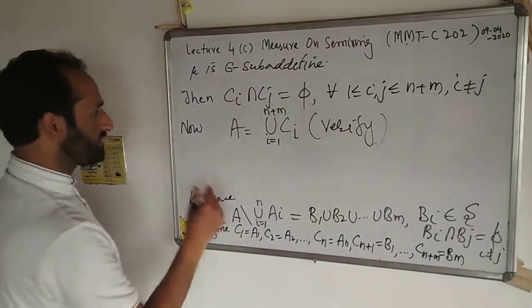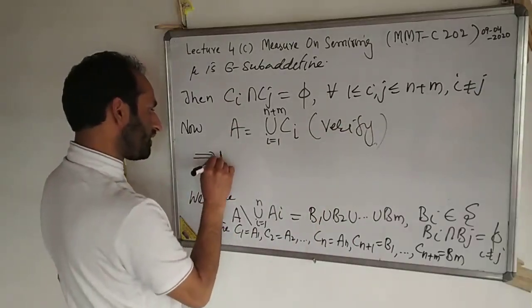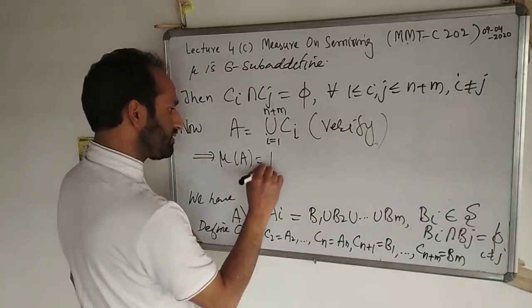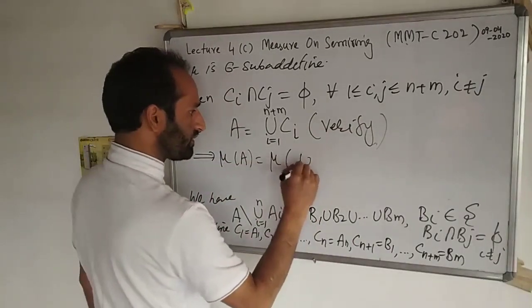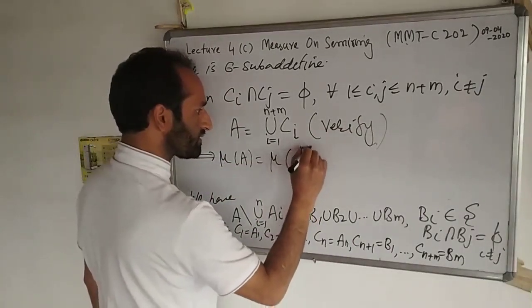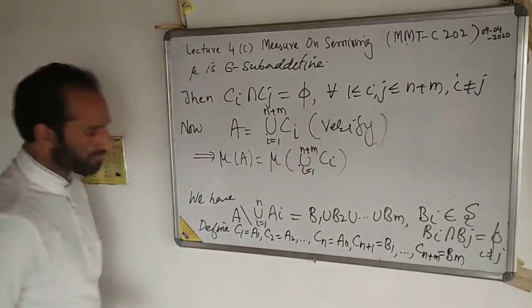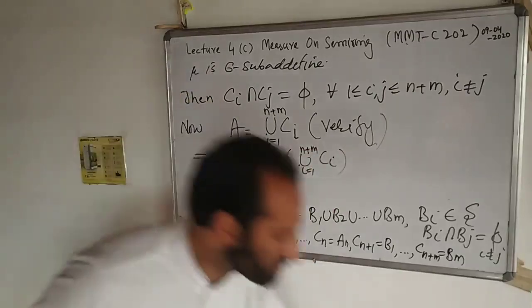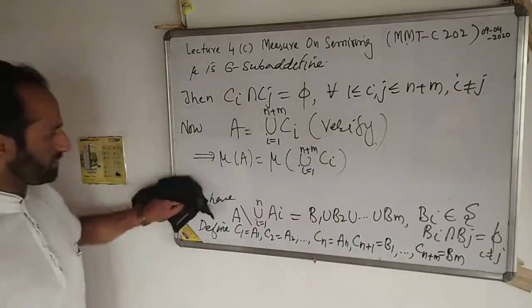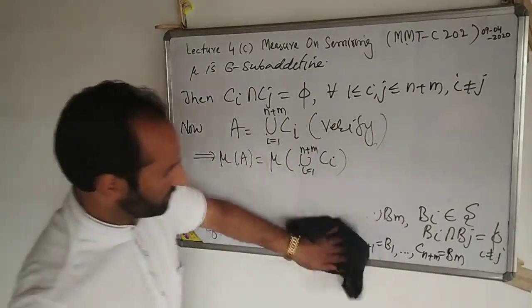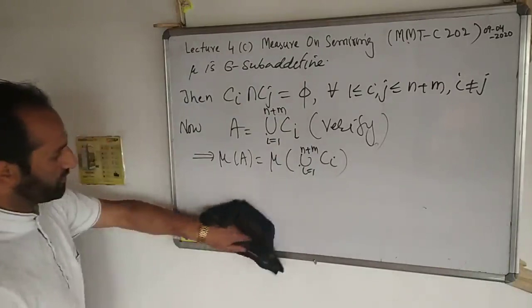This union is equal to that. That implies mu of A is equal to mu of the union, i runs from 1 to n plus m, of Ci. Since mu is a measure, mu is finite additive. Every measure is finite additive.